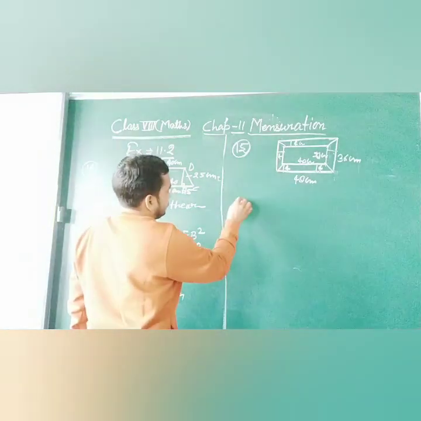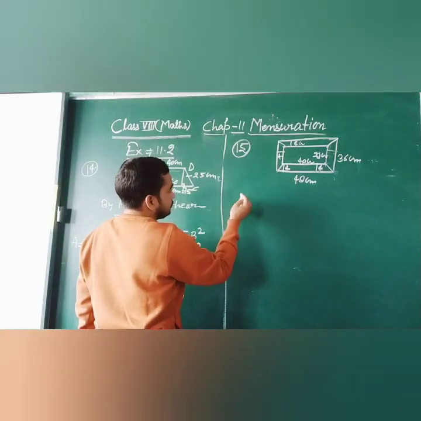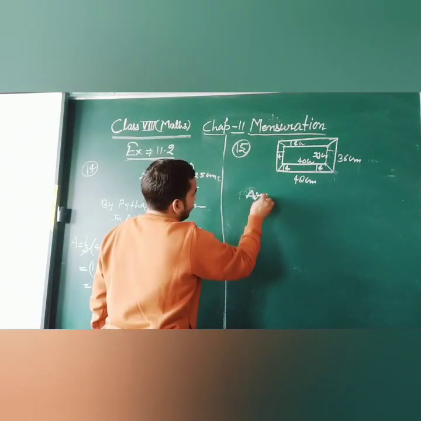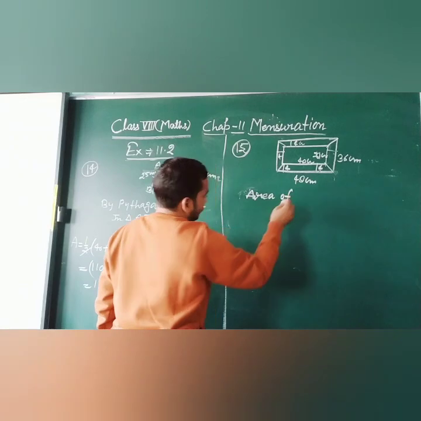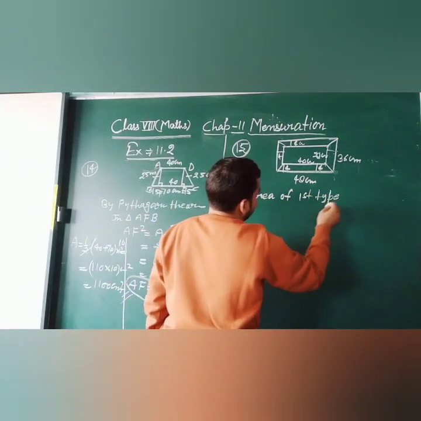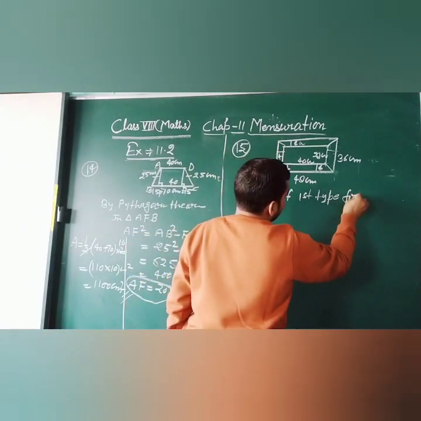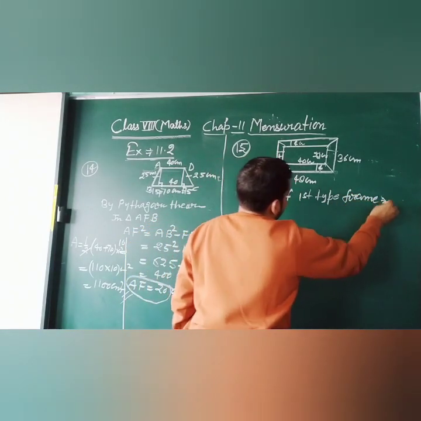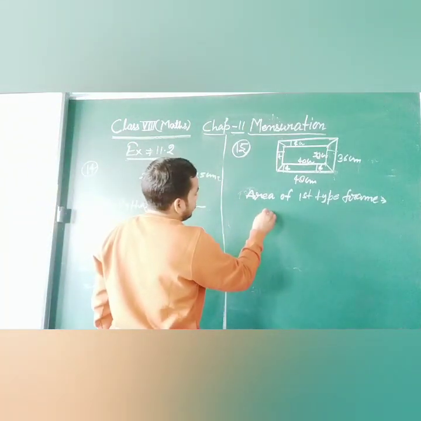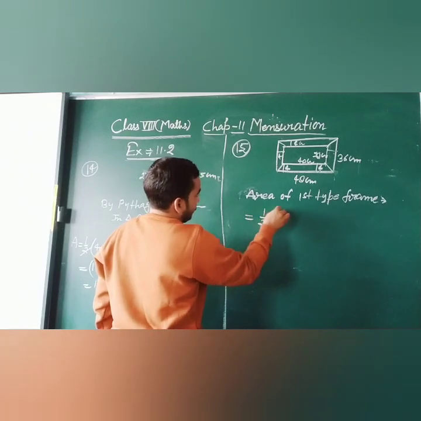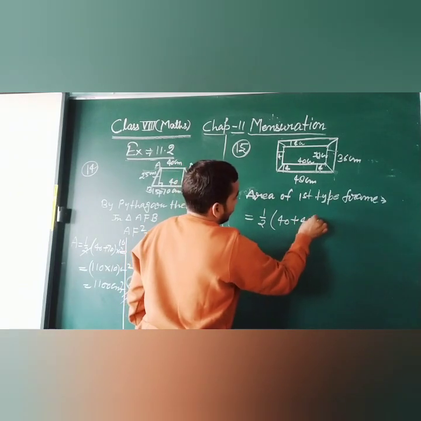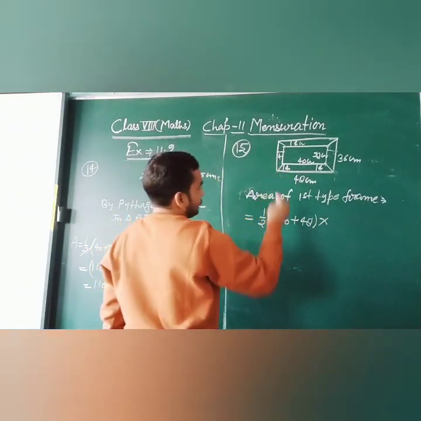Then find the area of the first type of frame. It is in the shape of a trapezium, so we have to apply the area of trapezium: 1 by 2, sum of the sides 40 plus 48, and distance between them is 4.